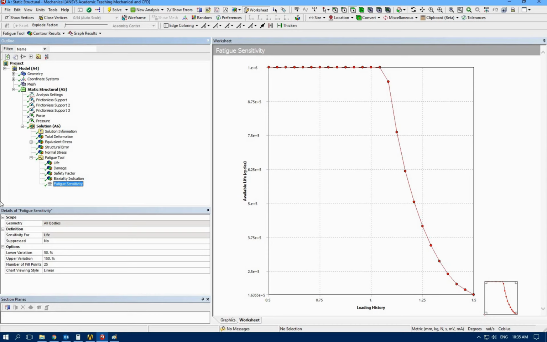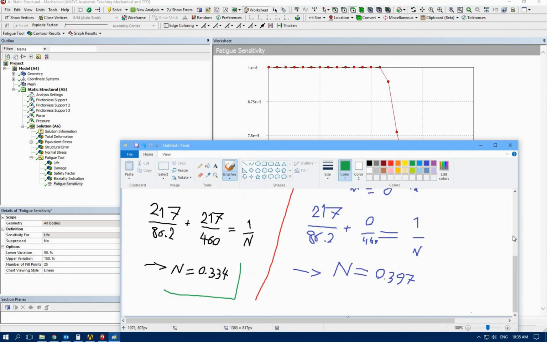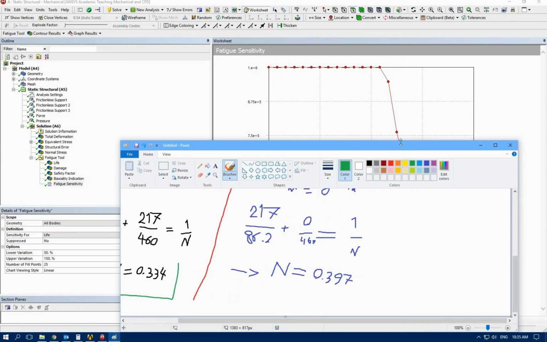Okay, now I want to consider correction factors. Remember what the correction factor was? Let me write it down here. Correction factors were used when we want to calculate SE or endurance limit: you multiply the ideal endurance limit SE prime by some coefficients CA, CB, CC, CD, CE, CF, a lot more.